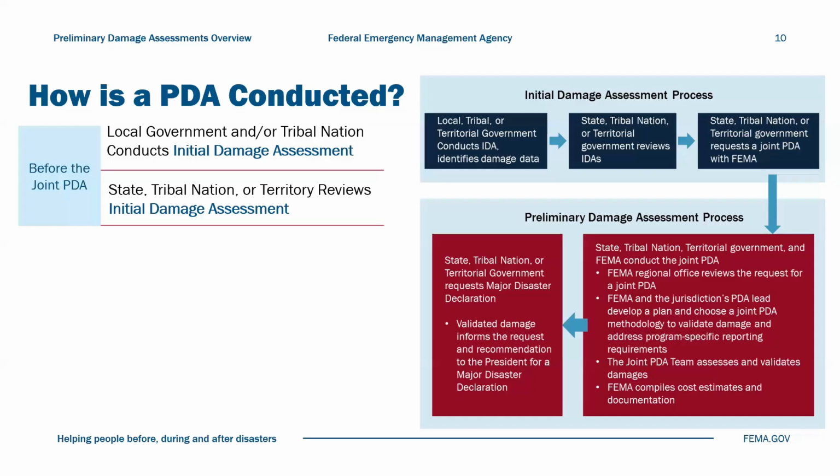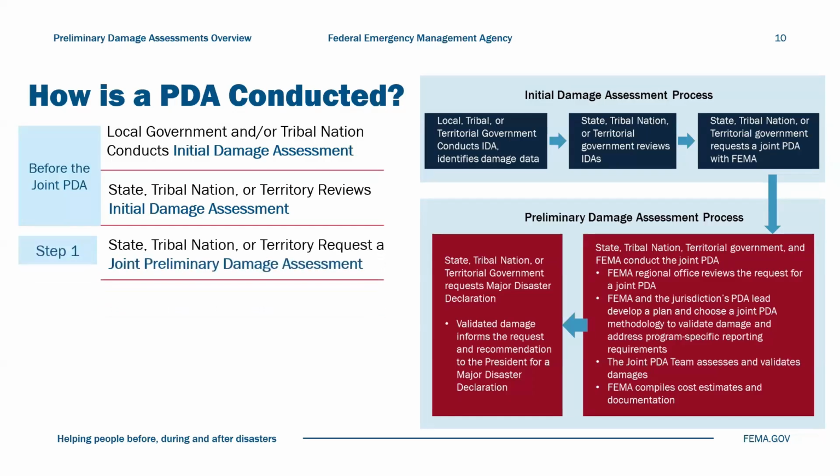Their jurisdictional leadership review the initial damage assessment and decide whether to request a joint PDA with FEMA. If they decide to request a joint PDA, the governor or tribal nation chief executive will submit a request to the FEMA regional office using the PDA request template. The state, tribal nation, or territory and FEMA will conduct the joint PDA if the request is granted.